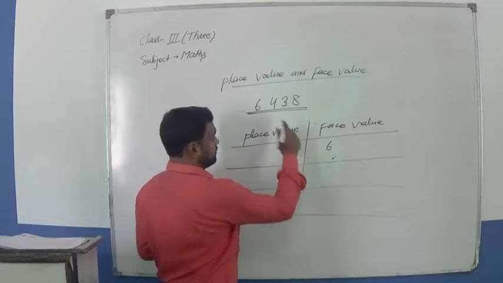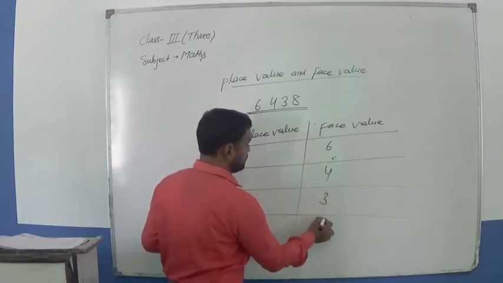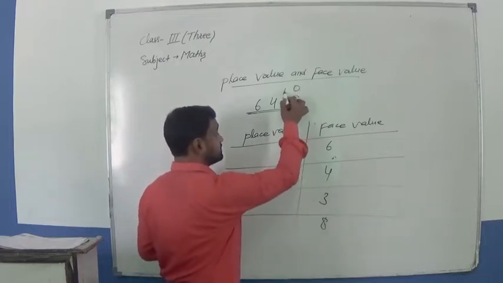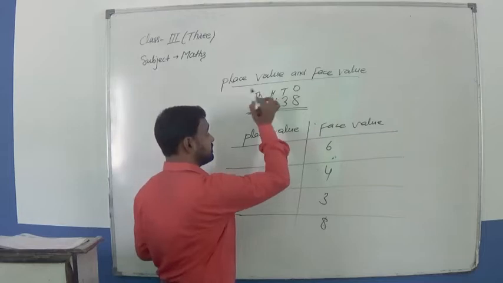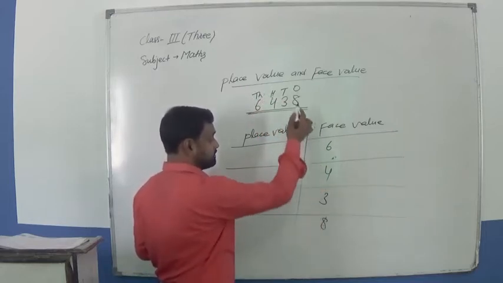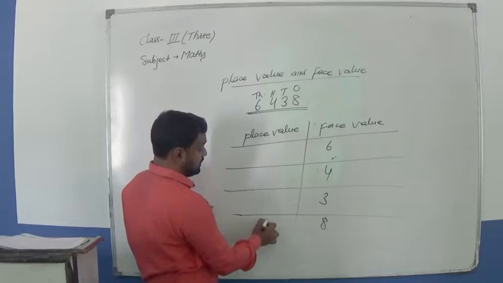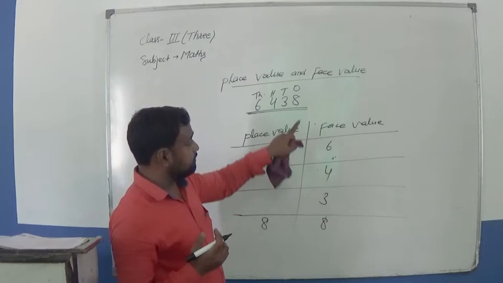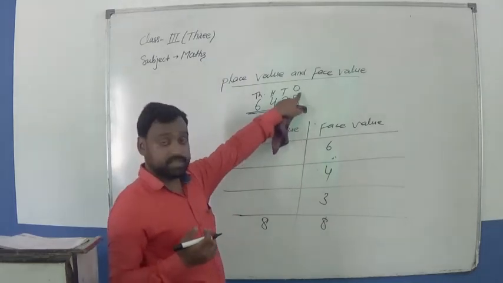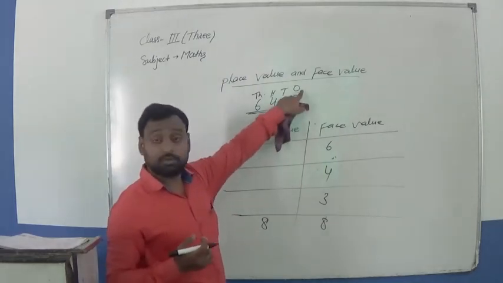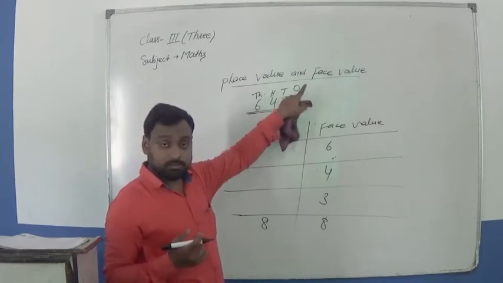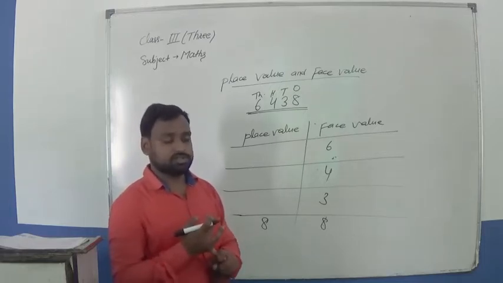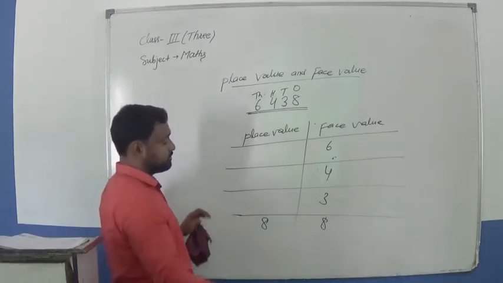Here we have 4, 3, 8. 8 is at ones place, so the face value of 8 is 8. For a digit at the ones place, both face value and place value remain the same. It doesn't change.